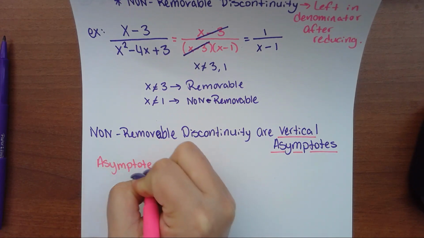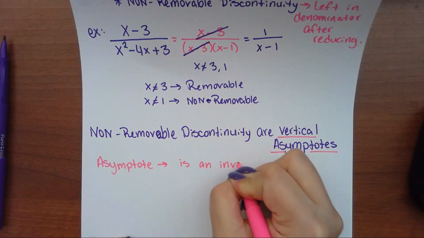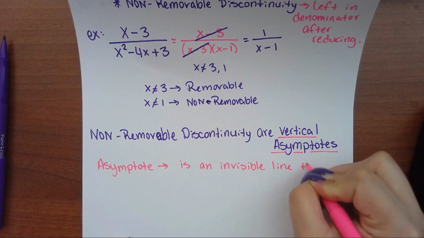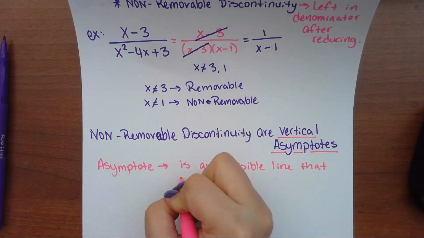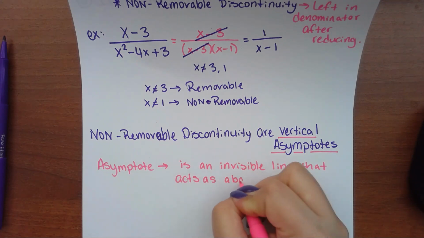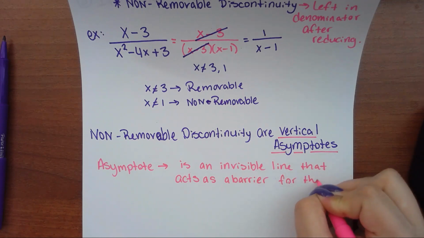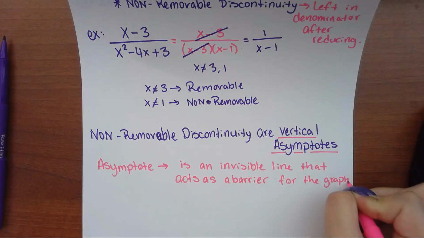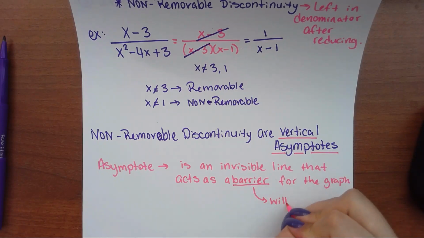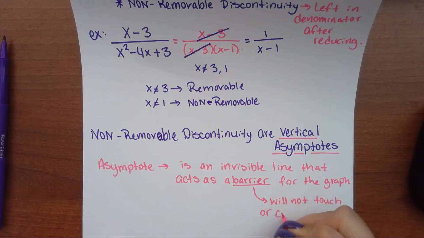So an asymptote is an invisible line that acts as a barrier for the graph. A barrier meaning that your graph will not touch or cross this line.